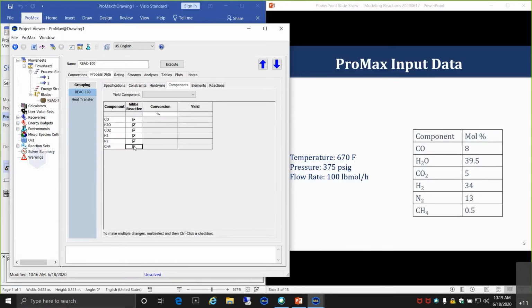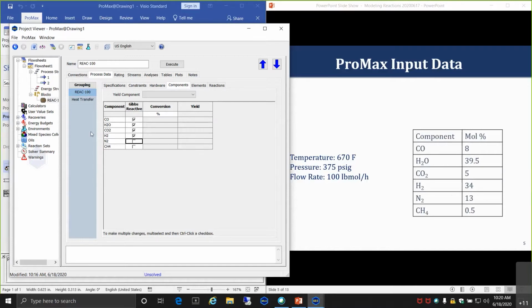We don't want the methane or the nitrogen to be considered in the minimization. And so the number of moles of methane in the system are going to remain constant. The number of moles of nitrogen are going to remain constant.